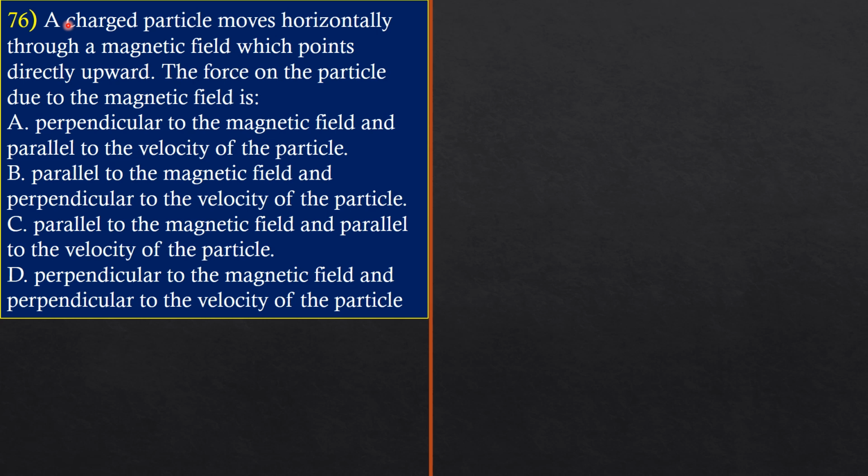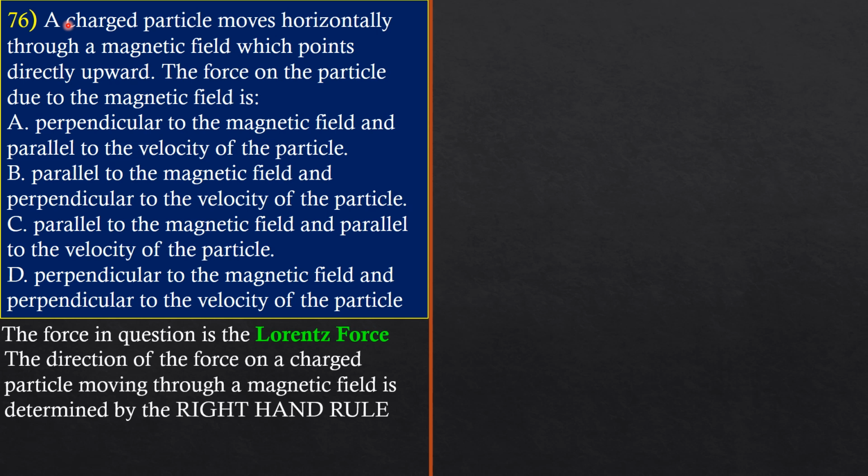So guys, the force in question, like I said, is simply the Lorentz force, and the direction of the force on the charged particle moving in the magnetic field can be determined by the right hand rule, which simply wants you to align your right hand fingers in such a way that they are all at right angles to each other.